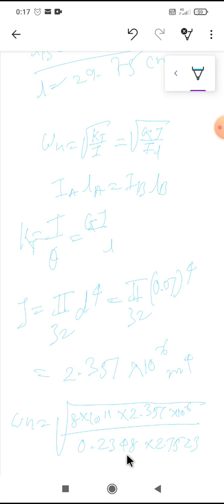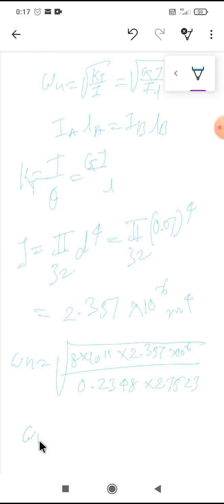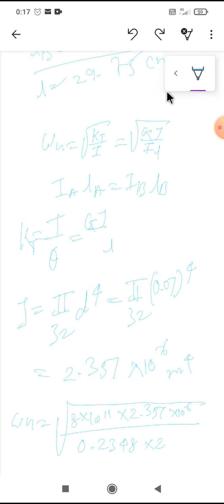So omega n is equal to 271.87. Sorry, not hertz. So this is the value of omega n.